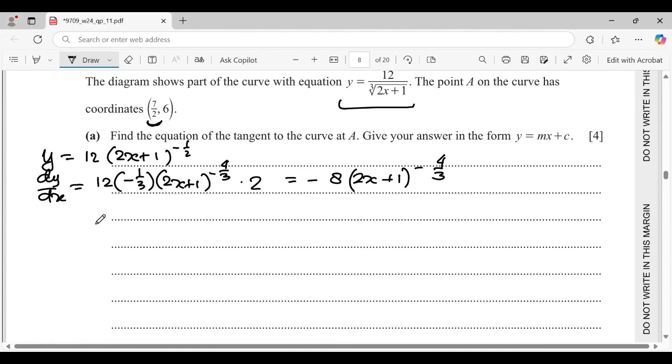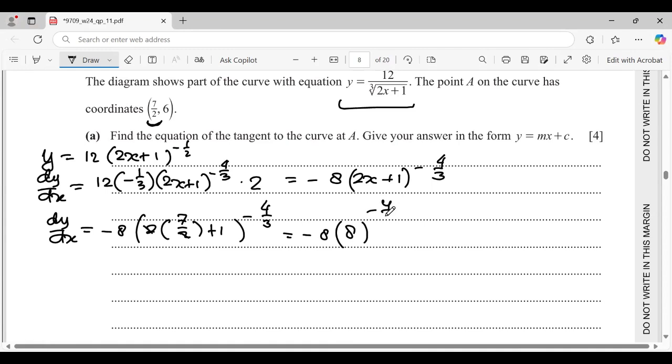So if x equals 7 half, dy/dx becomes minus 8 times (2 times 7 half plus 1) to the power minus 4 third, which is minus 8 times 8 to the power minus 4 third.